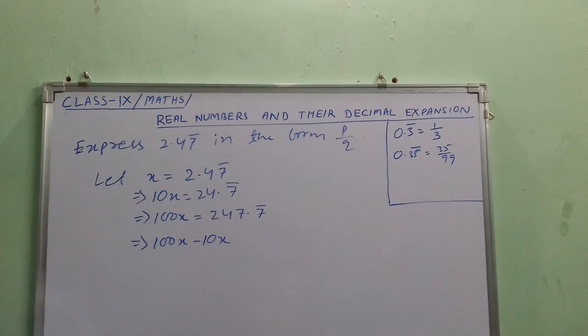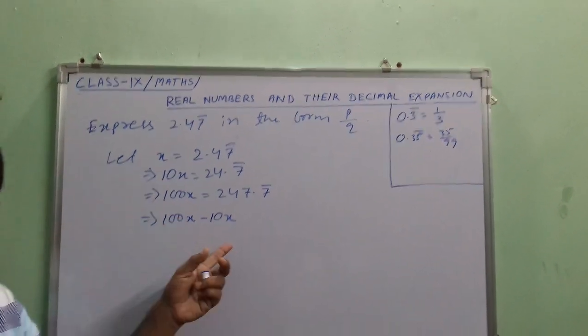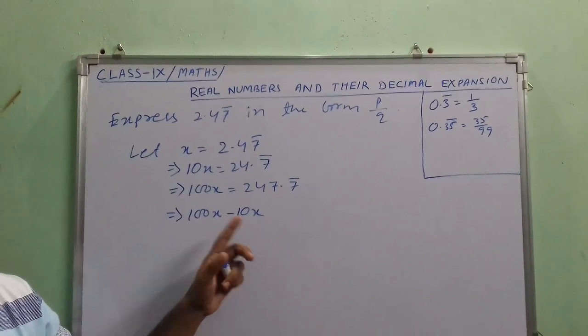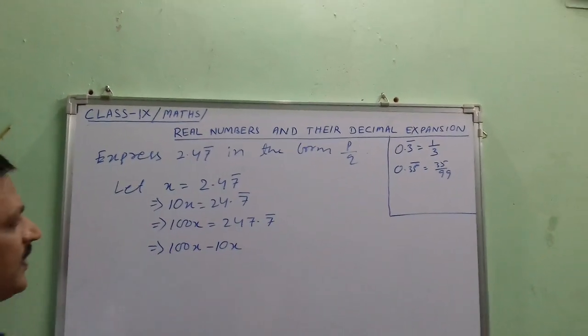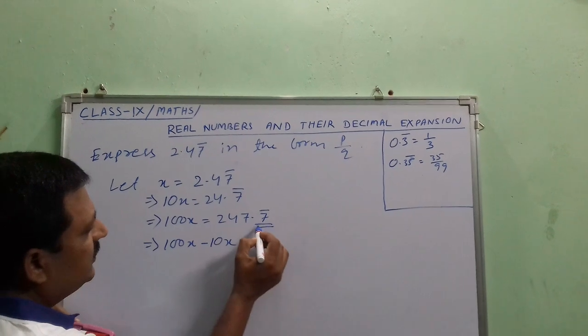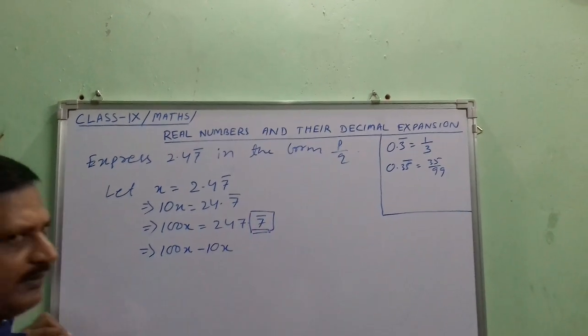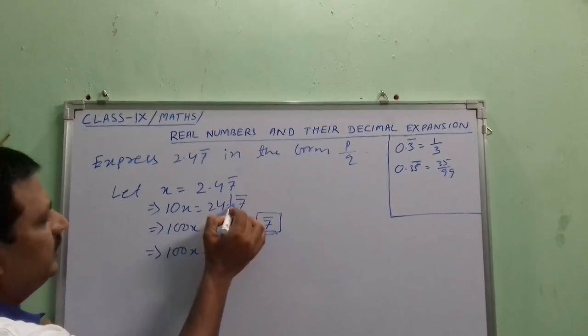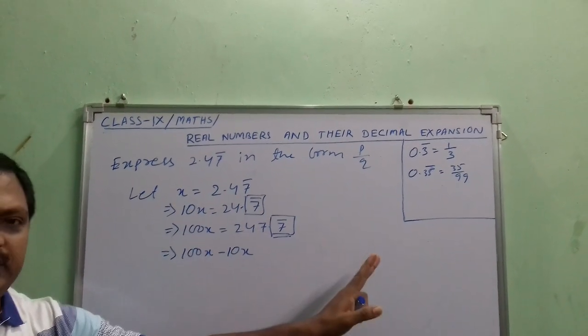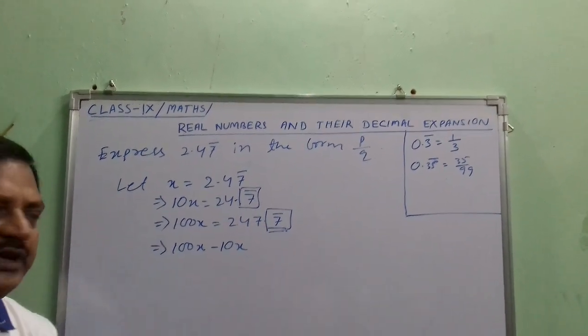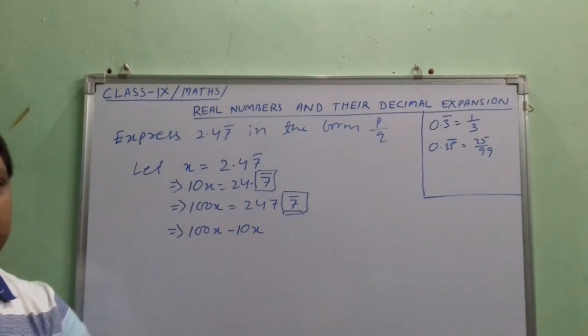You see, in the previous examples we are subtracting x, and now I shall subtract 10x. Why? We have to see this one. Here 0.7 bar and here 0.7 bar. After the decimal, the same thing should be there. Then they can be subtracted so that we get the whole number part.